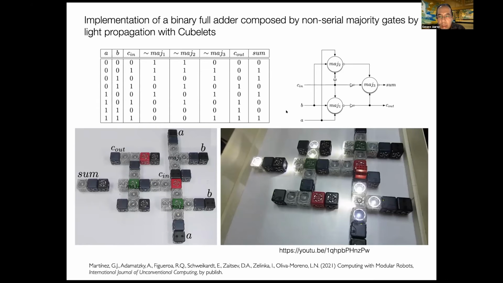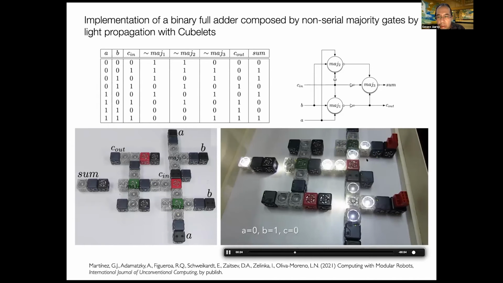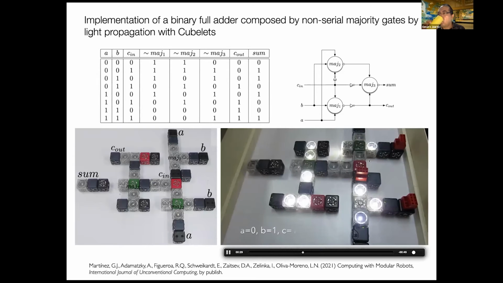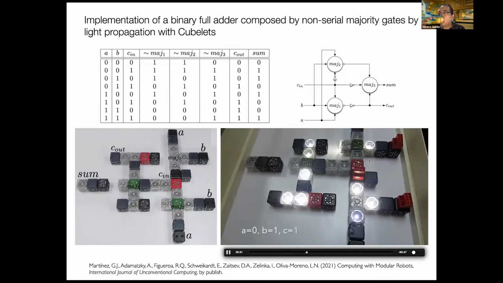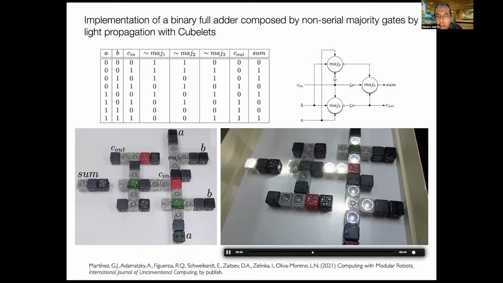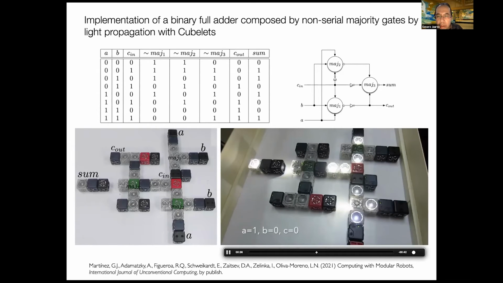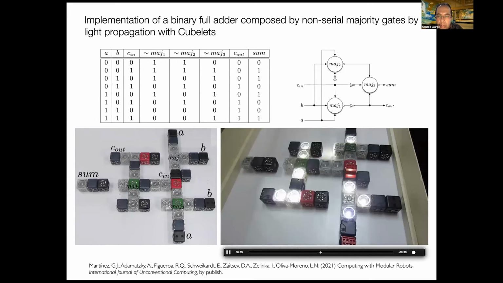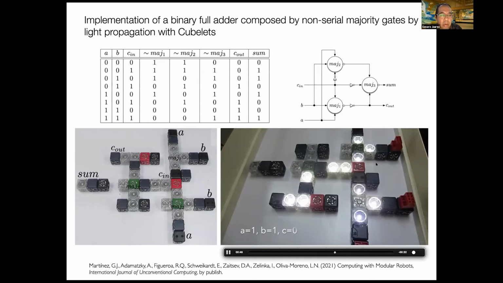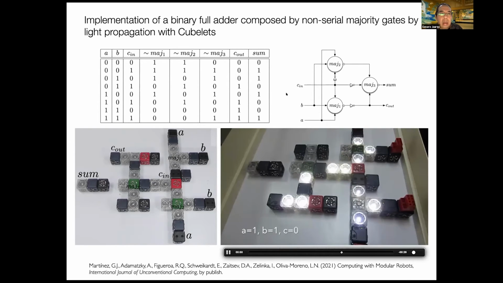In this case, we exploit another characteristic, because the Cubeless robots have the capacity to propagate light, depending on the value inside the Cubeless robot, and this way we can simulate a binary value.